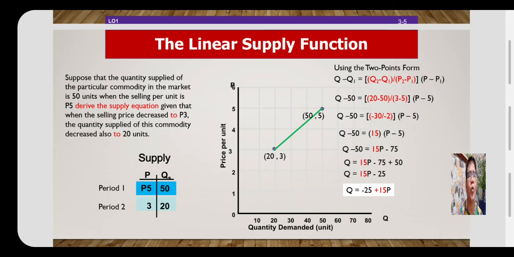Simplifying further, Q minus 50 is equal to 15 times the quantity P minus 5. 15 is based from a slope of 30 over 2. Since their signs are both negative, it becomes positive. Now, if we multiply 15 to what is inside the parentheses, the P and the negative 5, we can now have this equation. Quantity minus 50 is equal to 15P minus 75.